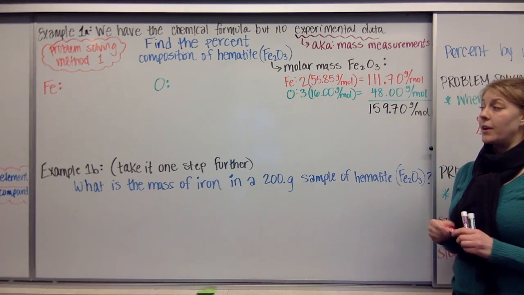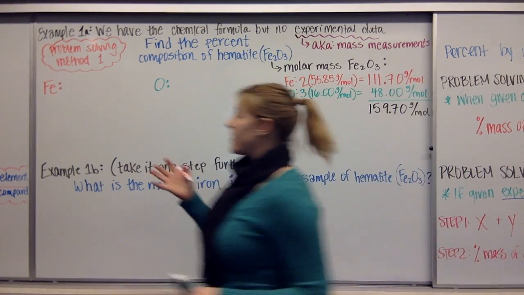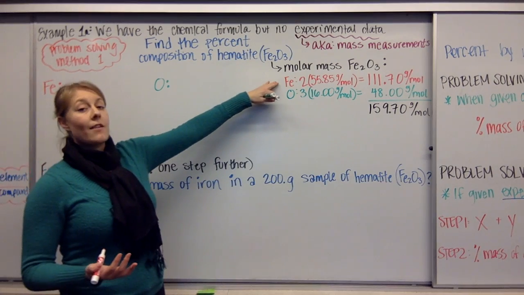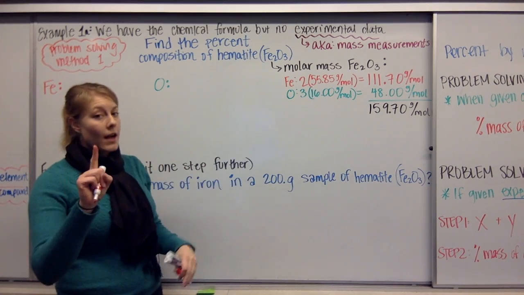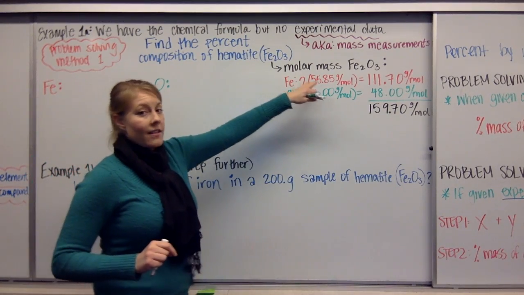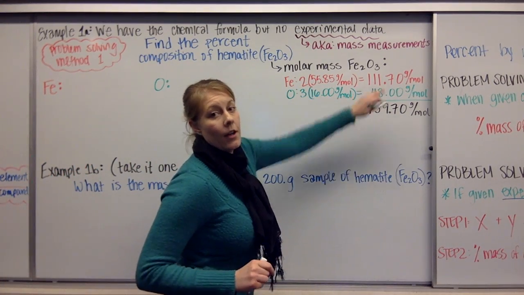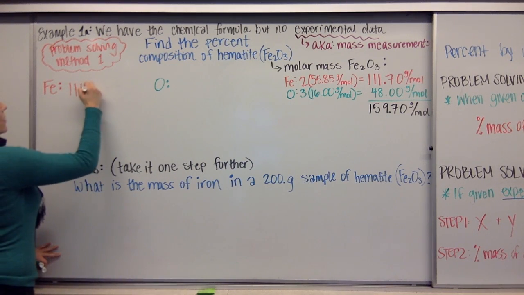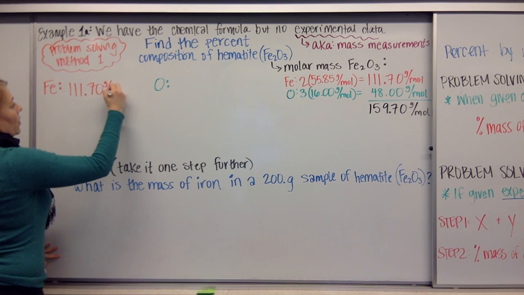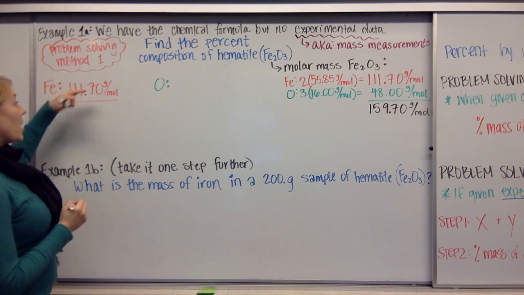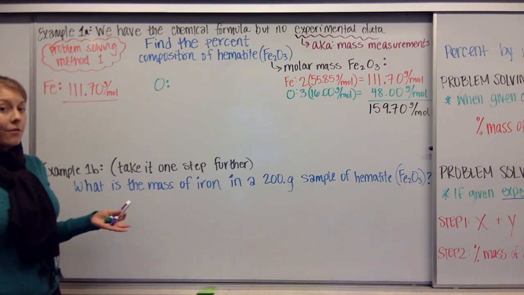We're ready to do our calculation. Remember, this is part over the whole. If we're looking at just iron, we need to start with the mass of the iron in the compound, not just one iron, because this is Fe2O3. We're looking at both irons for a total molar mass of iron of 111.70 grams per mole. Don't forget that molar mass unit. Now, part over the whole. What's the mass of the whole compound?